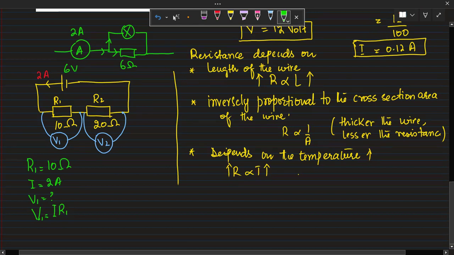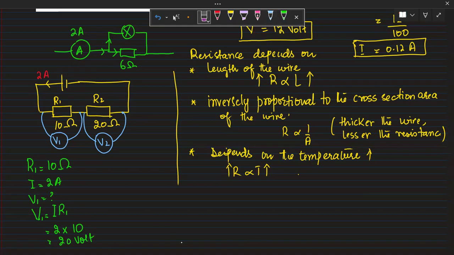Because the current flowing through R1 is also 2 ampere and the current flowing through R2 is also 2 ampere. So there's no need to put I1. Now I is 2 and R1 is 10, so 2 times 10 is going to be 20. Oh my God, what a calculation I have done here. I have to make changes in the supplied voltage.